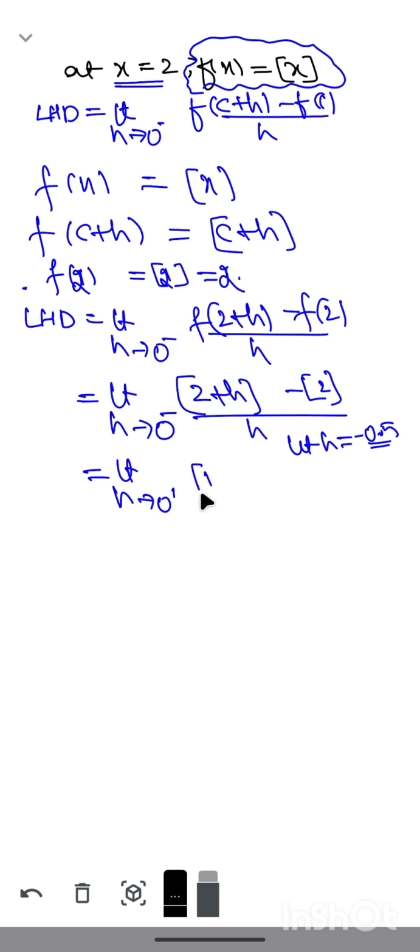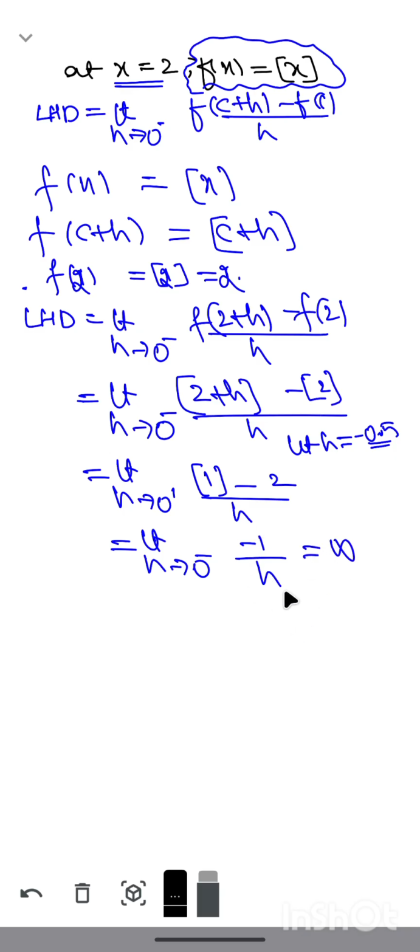Minus the greatest integer value of 2, which is 2, whole divided by h. So we get limit h tends to 0 minus of 1 minus 2, which is minus 1, whole divided by h. As h is tending to 0, we get infinity as the answer because 1 by 0 is infinity. So we found the left hand derivative, that is infinity.